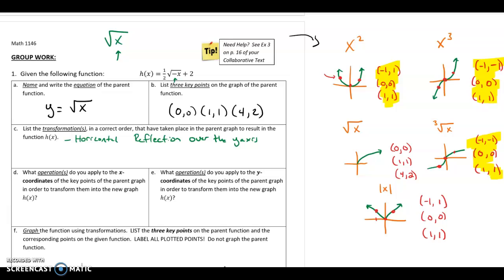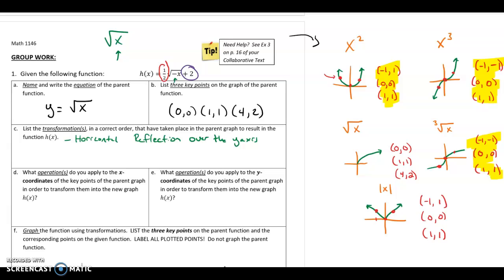When I look on the outside, we're going to see two things happening. I see a 1/2 on the outside and I see a positive 2. This is where the order matters. We want to take care of any multiplication before we take care of any addition or subtraction. Do you know what that 1/2 would give you? If you don't, I'd encourage you to pause, go take a look at your notes, and see if you can put it together.